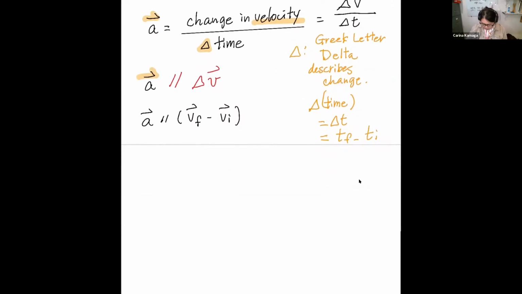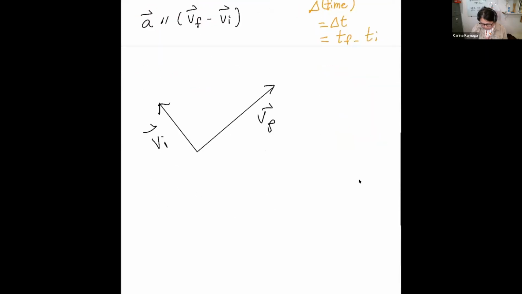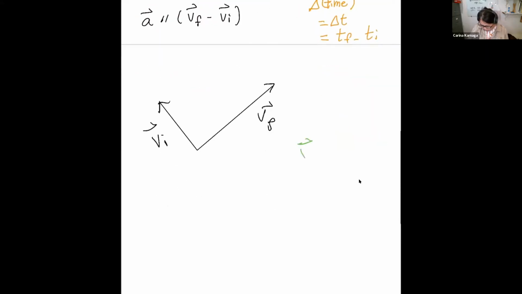So let's say I have an initial velocity that's moving in this direction, v initial. But this object later on turns into this direction. Vf minus Vi. So Vf minus Vi equals, right?